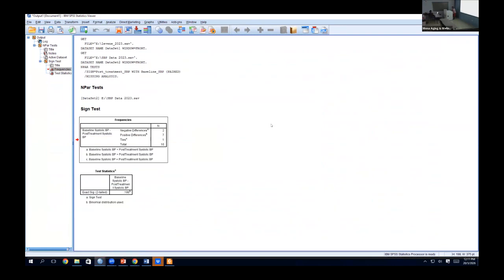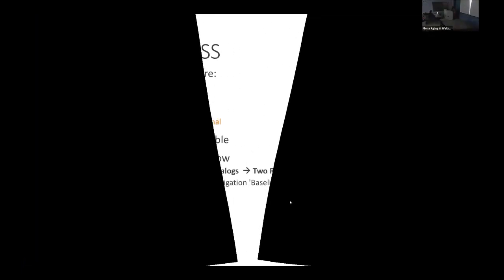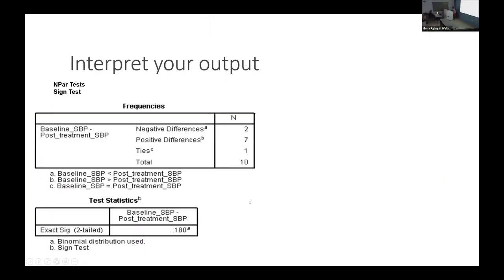Everybody's okay with setting up the two variables? All right, good. So the difference is defined there. That's what we want. And then we're just going to look at the output a little deeper. So it tells you what you're looking at: baseline minus post-treatment. Then we see here a superscript A, which says negative differences.